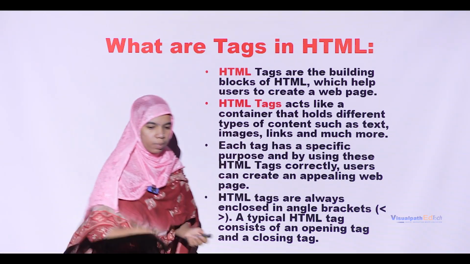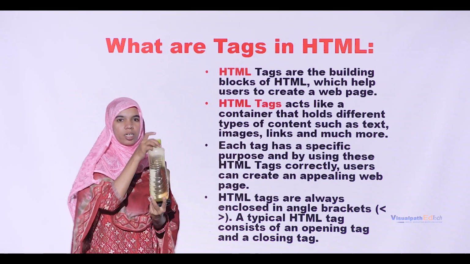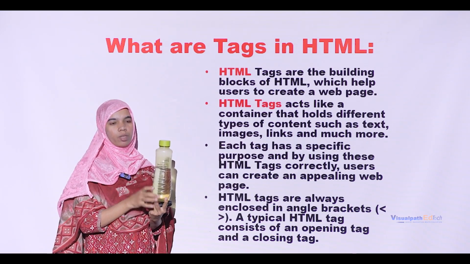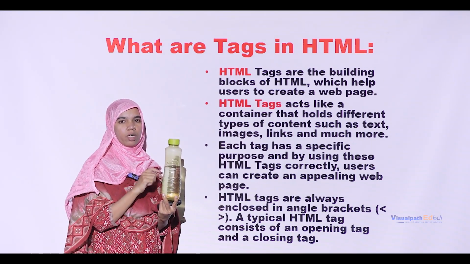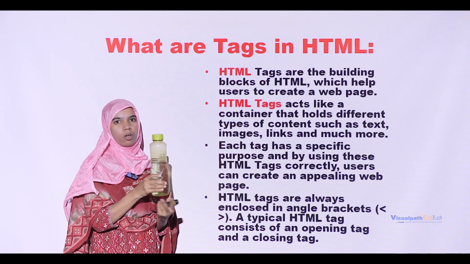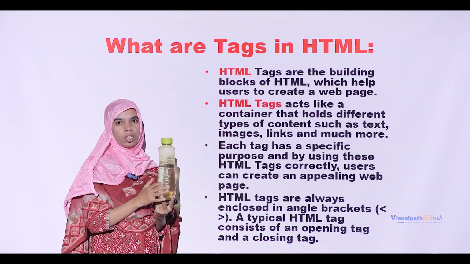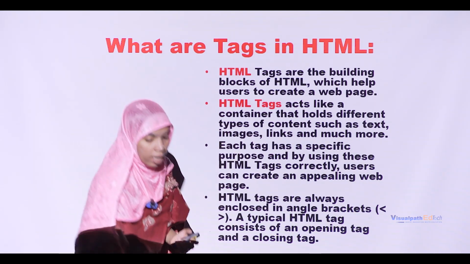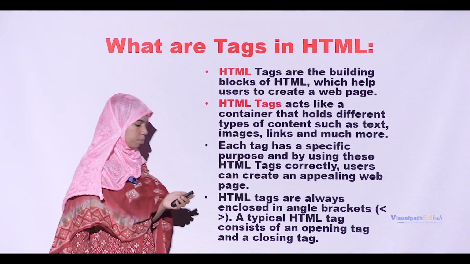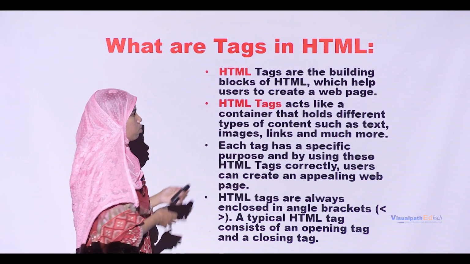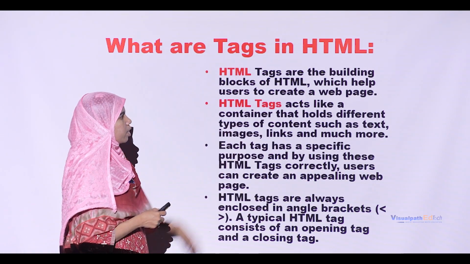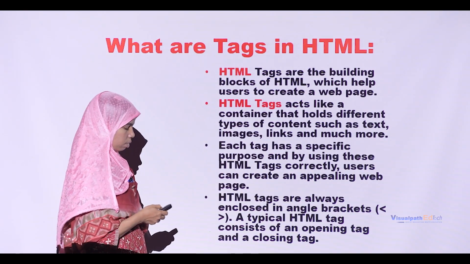Let me show you an example. A bottle is a container in which whatever liquid is there is the content of this bottle. Similarly are the tags of your HTML. The tags will help you maintain the content of your websites.